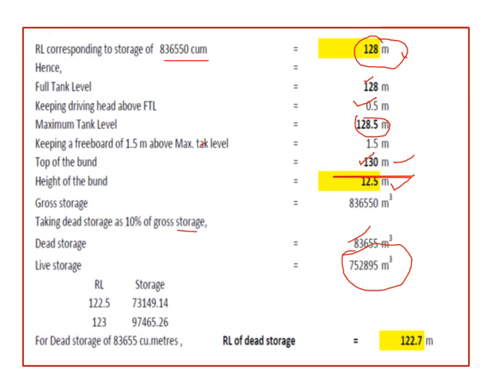Now for 83655 meter cube, again you see in the table it fits between the RL 122.5 and 123. And so for the RL of the dead storage, we have to interpolate between these two values so that you get 122.7. So the RL of the dead storage is somewhere around 122.7, and that fixes the canal bed level for the calculations.